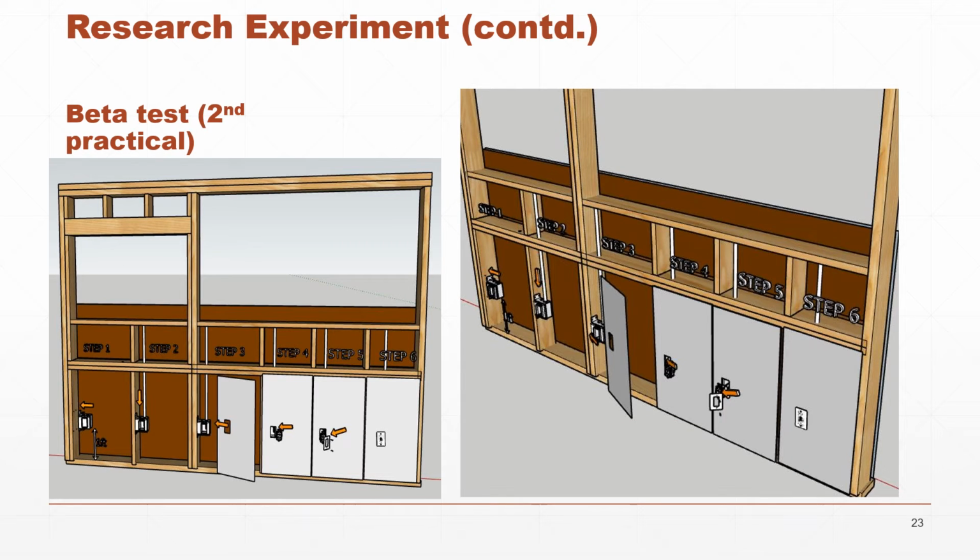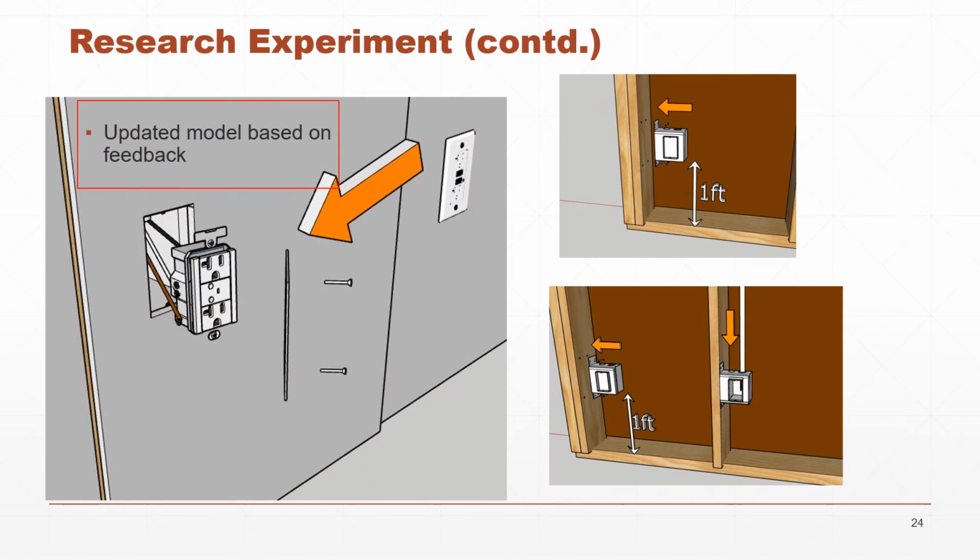In the beta test, we added some step-by-step information and some arrows and dimensions, so that people can get more information and perform the test better. As I said, the new improved model had dimensions and markers, arrowheads, to draw attention to the point where we wanted them to follow different steps to complete installation.